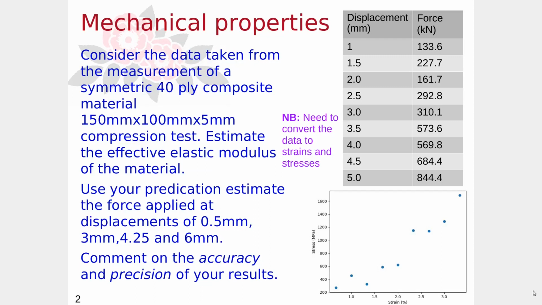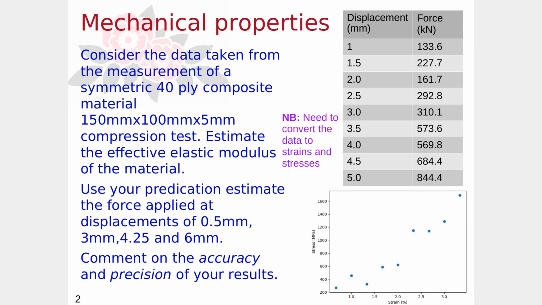So here we have a concrete example. We want to compute the mechanical properties of a composite material, and we have some discrete data values of the displacement of this composite in millimeters and the force required in which to do it. We know that it's a 40 ply symmetric composite, and its dimensions are 50 by 100 by 5 millimeters in thickness.